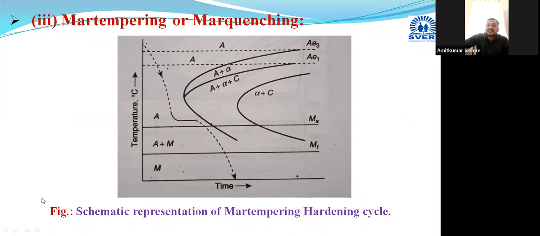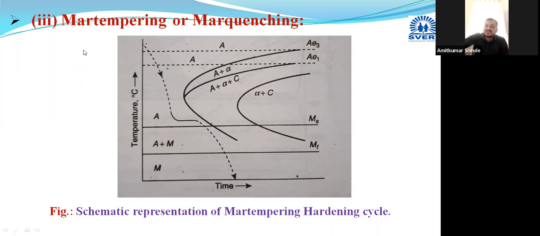This Mar tempering or Mar quenching process initially starts with the steel component, which is heated above the A3 temperature line for hypoeutectoid steel, and above the A1 line for hypereutectoid steels. Heating is the first stage.